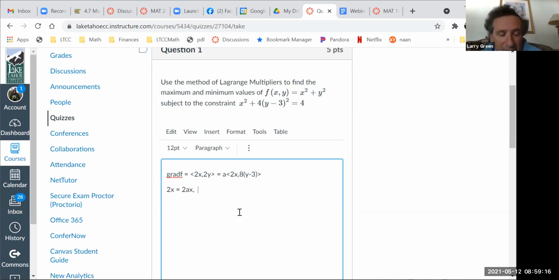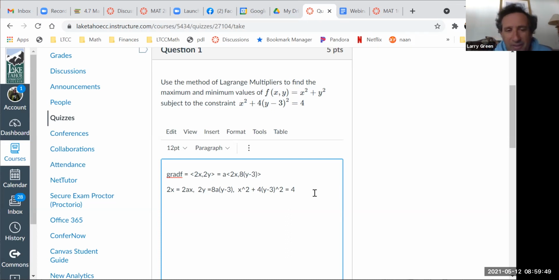We also have 2y equals 8a(y minus 3). And then don't forget, we have the original constraint, which is x squared plus 4(y minus 3) squared equals 4. I like to write it just so I don't forget about it.